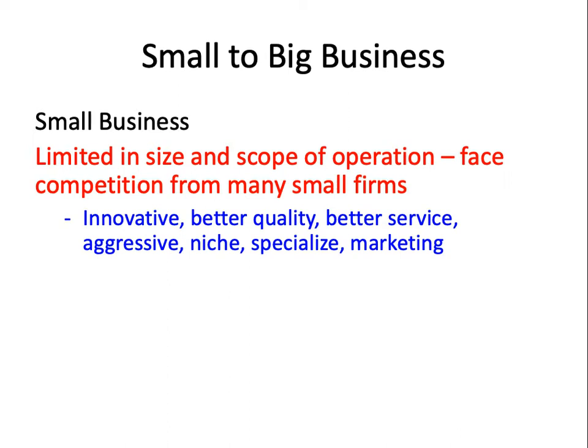They'll specialize more. They might have to spend more on marketing and stuff like that. And oftentimes businesses that are small are typically defined between having 5 to 100 employees. And so if you have larger than that, but less than maybe 500 employees, you might be considered a medium-sized business. Or if you have less than 5 employees, you're a micro-sized business, or almost like an individual working on something.